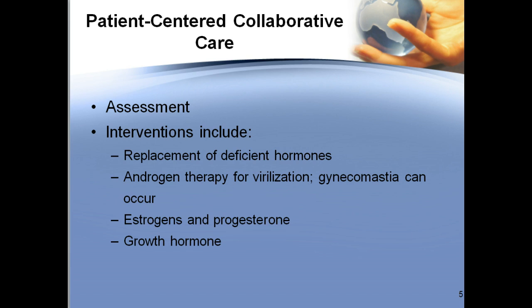Okay. So, a person having patient centered collaborative care, the first thing you want to do is assess that patient for physical appearances and target organ functions. For instance, let's say they have a deficiency of their gonads, so they're producing less LH and FSH.